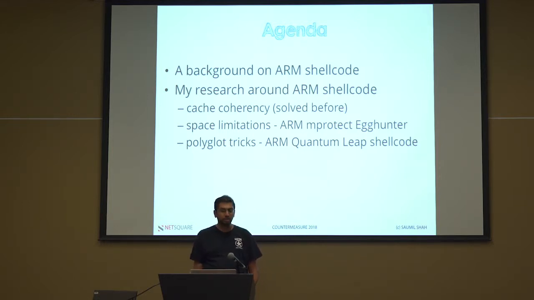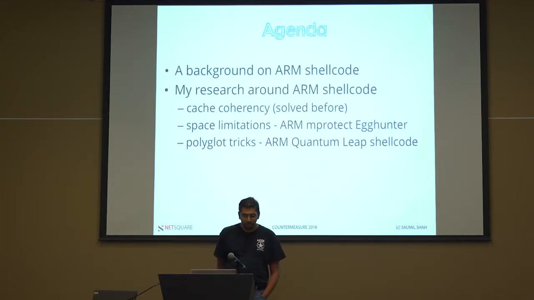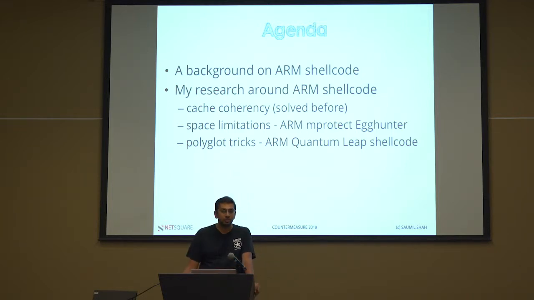We will instead talk about 2 types of R&D that I've done with ARM shellcode. One is whenever you're trying to inject shellcode and you have space limitations. How do you get around tight spaces? How do you get around confined spaces? And in the x86 world, most of us are familiar with the egg hunting technique.